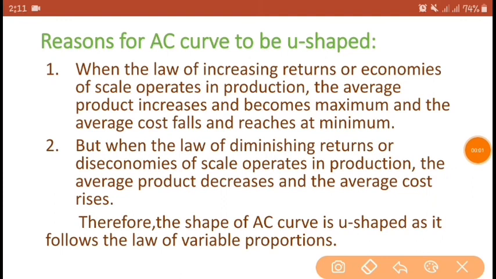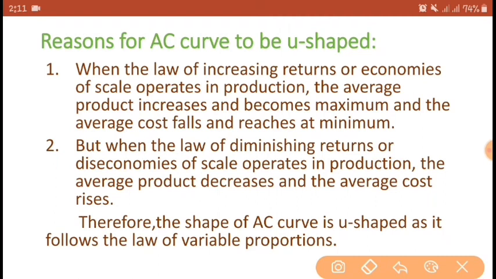While talking about the increasing returns and diminishing returns, the causes for increasing returns are: at the beginning, the fixed factors are under utilization. When more and more units of variable factors are added, utilization of land increases rapidly.